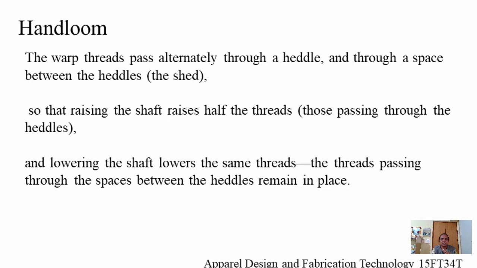That is, the warp threads pass alternately through the heddle. What are the heddles? It is a part of the loom; the harness contains a series of wires which contain the eye, through which the warp threads pass. Raising and lowering of the warp yarns are carried out with the help of the harnesses. That space is known as the shed.